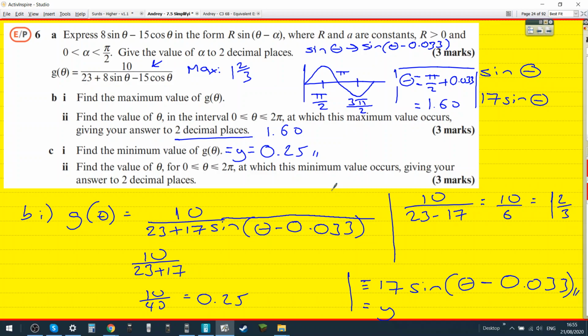That's where the maximum occurs. And how did you get that? Pi over 2 plus 0.033. Yeah. And so how do you get where the minimum occurs? 3 pi over 2 plus 0.033. Correct. Okay. Because the whole thing's been moved 0.033 to the right.